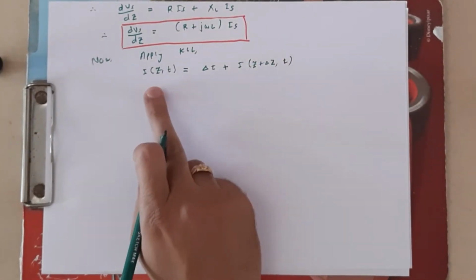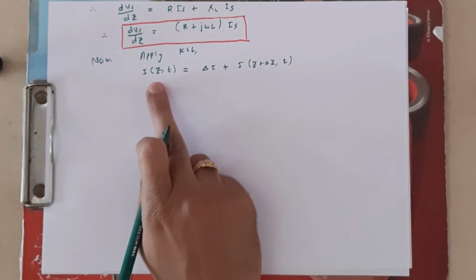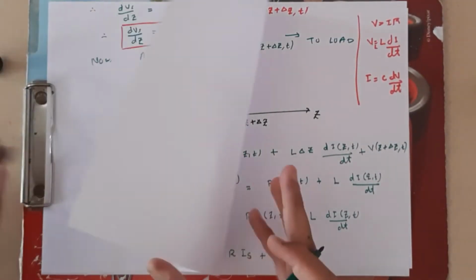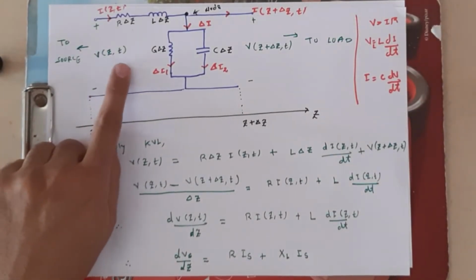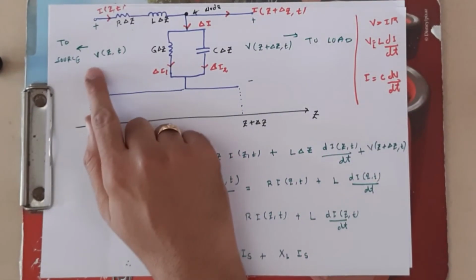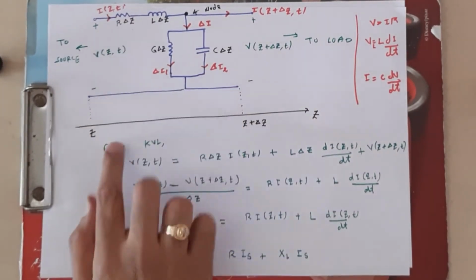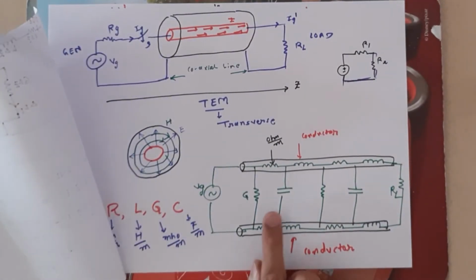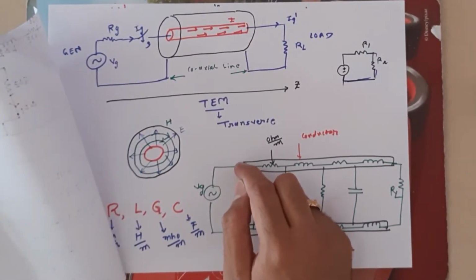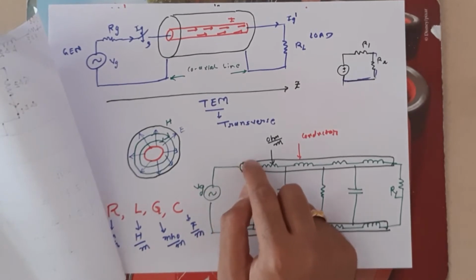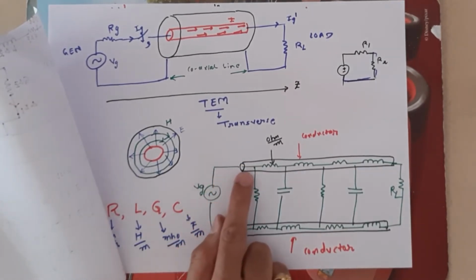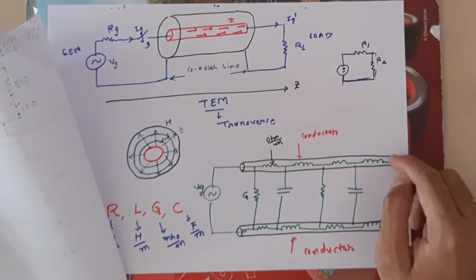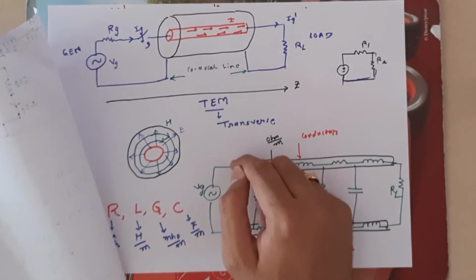See here, don't be confused about why I have to write z,t. This z,t is already present here, v of z,t, because the voltage or the current present here is a function of distance. At this starting point the voltage is maximum, which is Vg, and if you go along your two parallel wire transmission line, at this point the voltage is lesser than Vg.